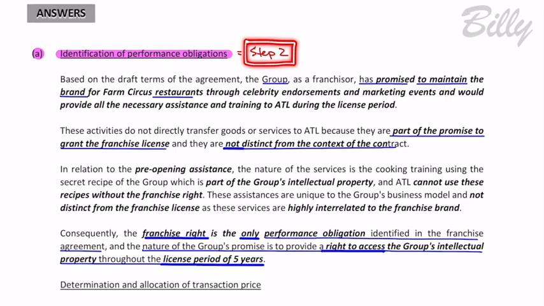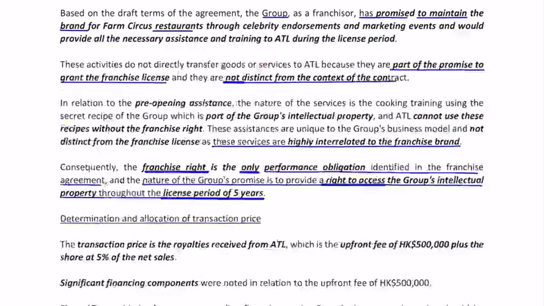For step 2, in this case, there is only one single performance obligation. The marketing activity, the assistance, the training, and the updating of the menus are all considered highly interrelated to the franchise brand name of the restaurant operations.